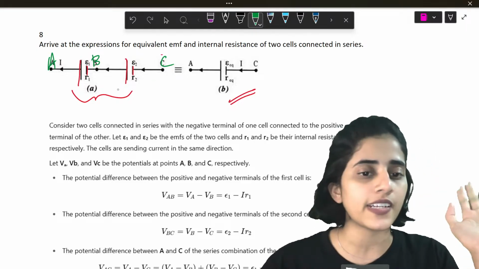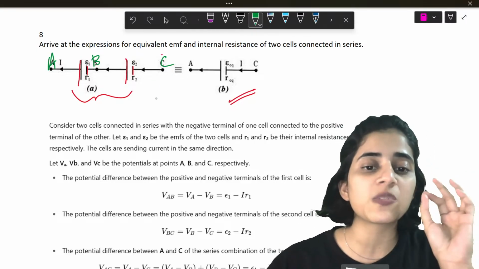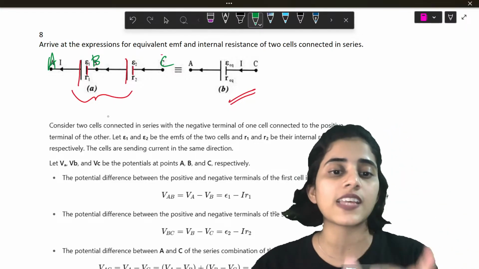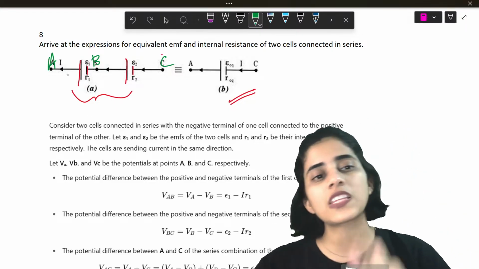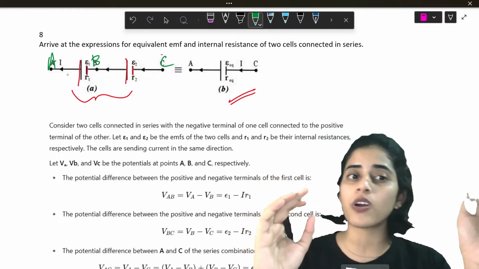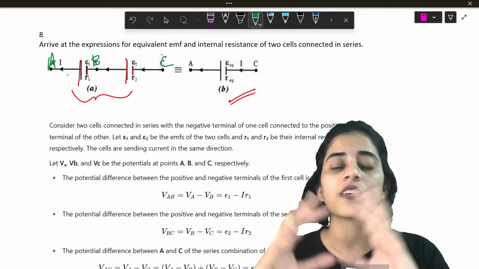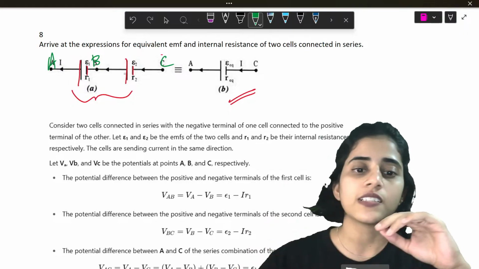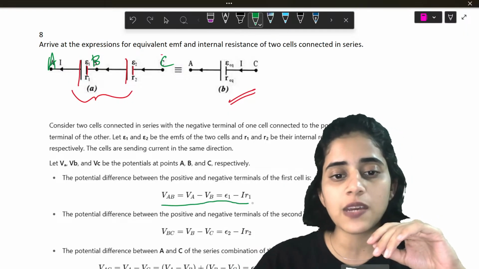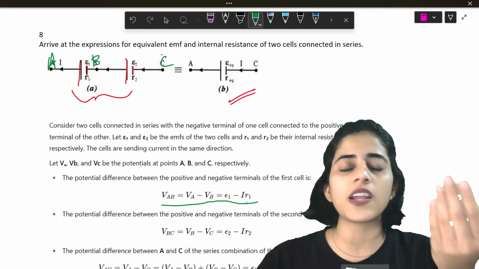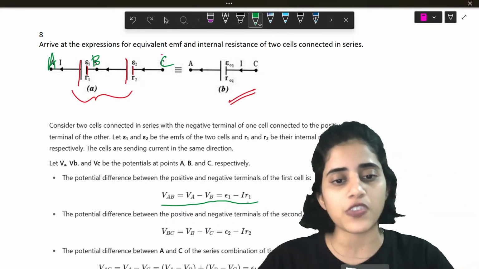Now, the potential difference between the positive and negative of the first cell is how much? The first cell is between point A and point B. So, the potential difference is going to be VA minus VB. This is also equal to E minus IR, the general formula for EMF of a cell.